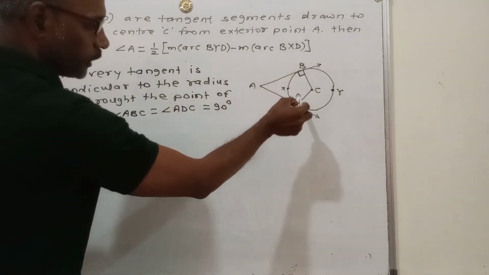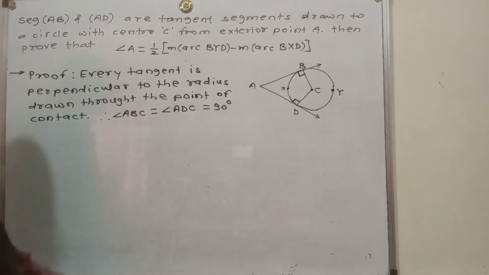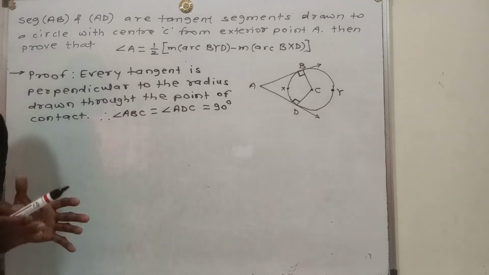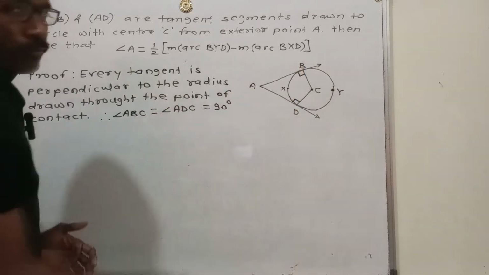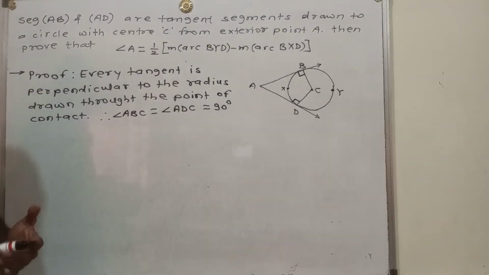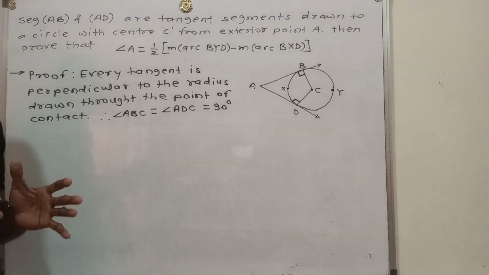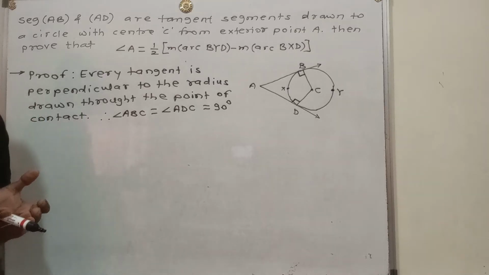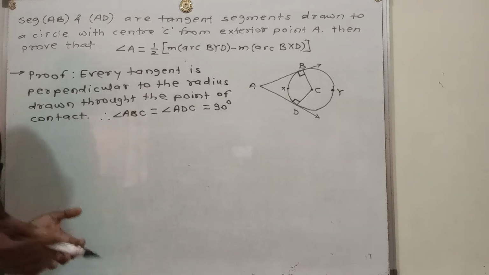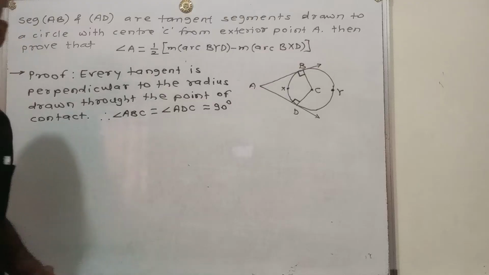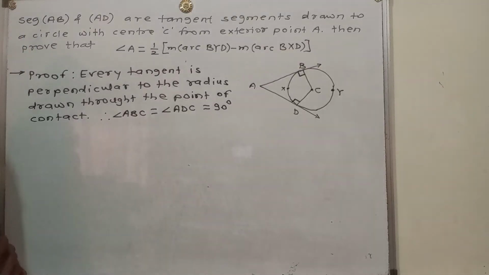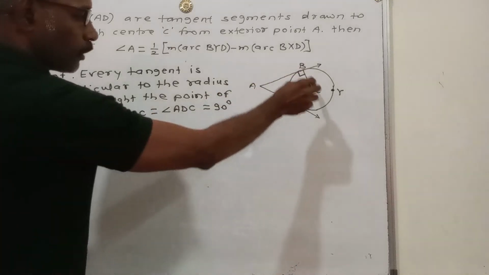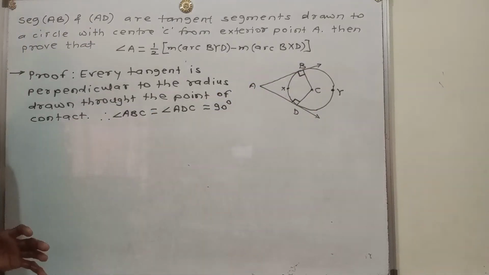Now see this, 90 degrees and 90 degrees. If a pair of opposite angles in any given quadrilateral are supplementary, then that quadrilateral is a cyclic quadrilateral.